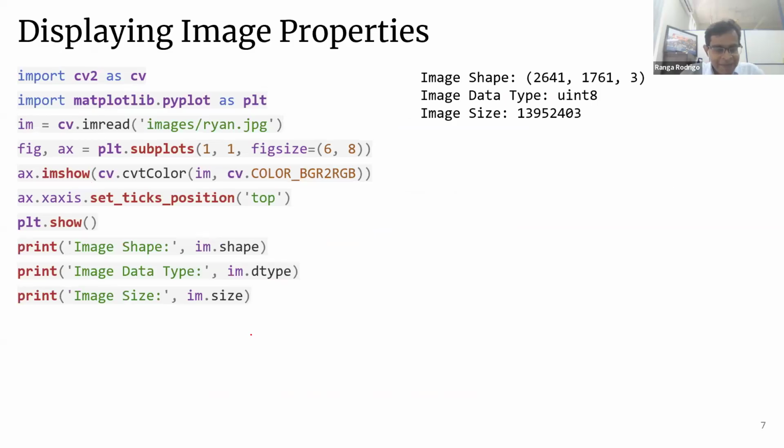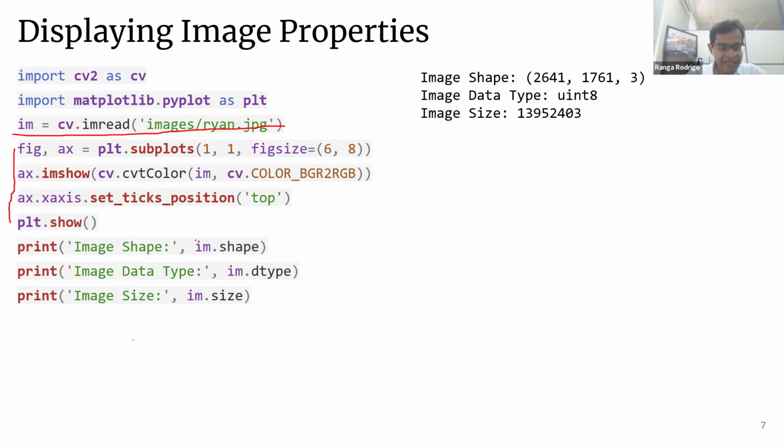Okay, then we can display the image properties also. We displayed this last time, I hope. So we have here, you can see, opened an image, and then we have displayed that also. So you can memorize these pieces of code to display.